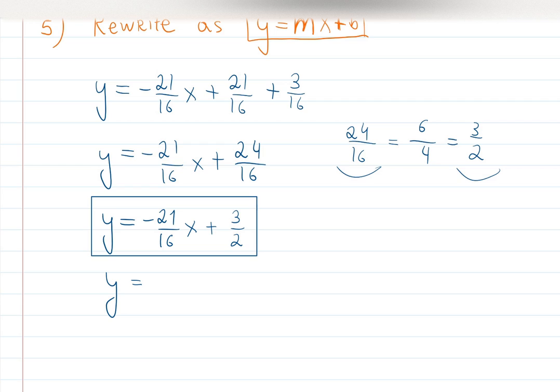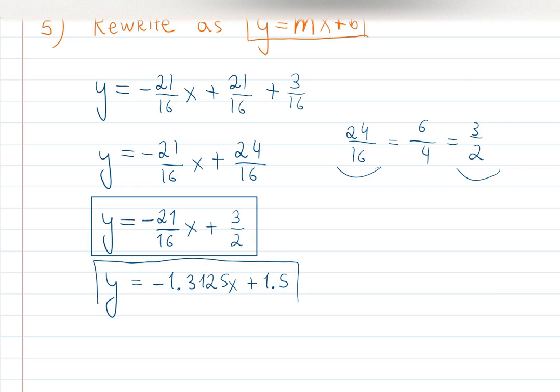For example, I already told you the intuition behind negative 21 over 16, negative 1.3125x. Since negative 21 is smaller than 32, it should not be 2, and so on. And 3 over 2, I hope most of you know that it is 1.5. This is a good answer as well.